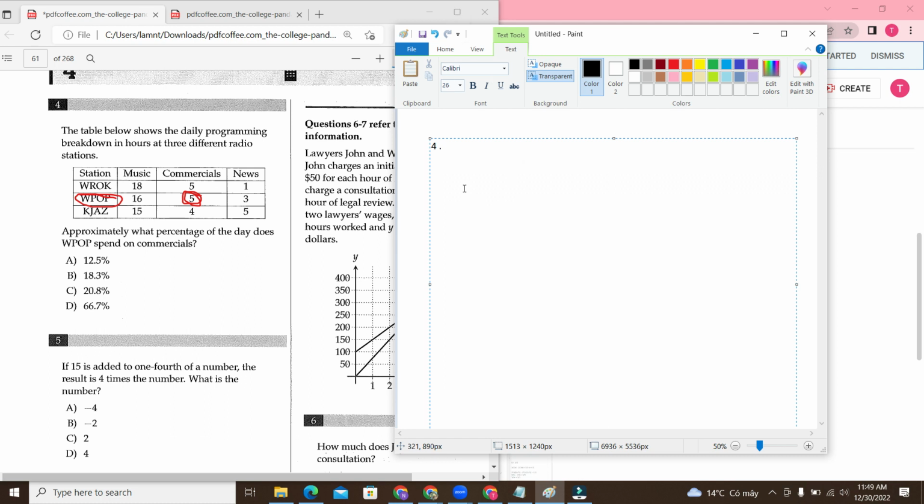So for number 4, we have to look at WPOP.